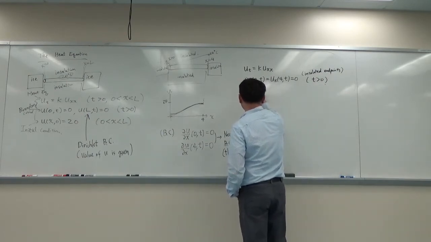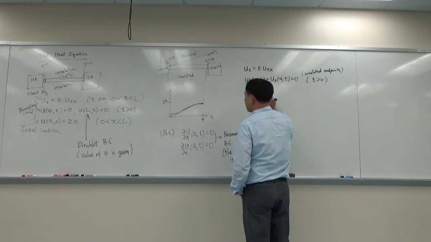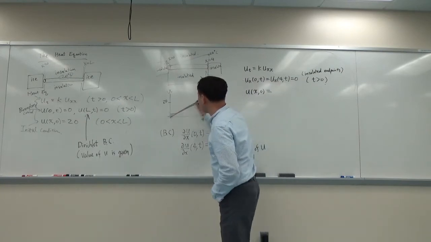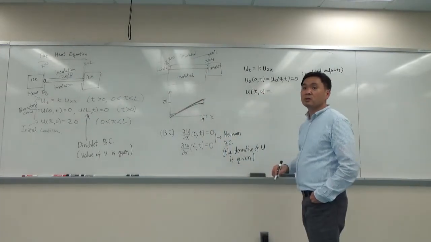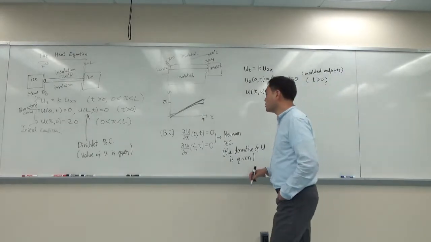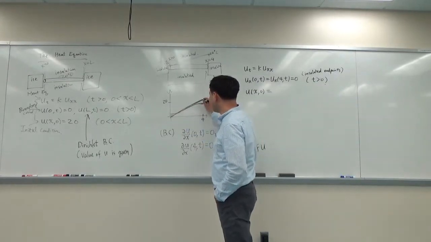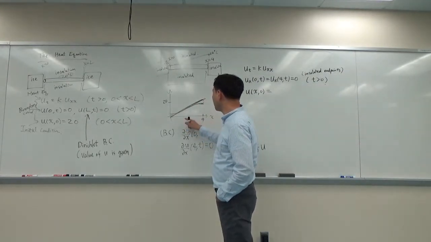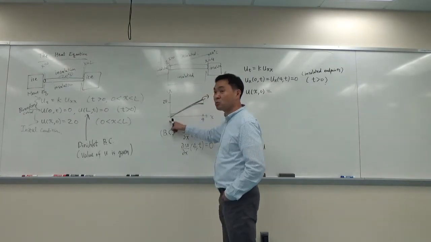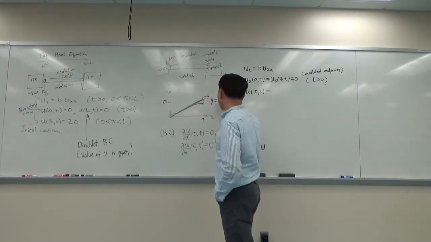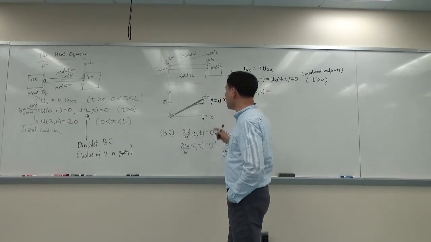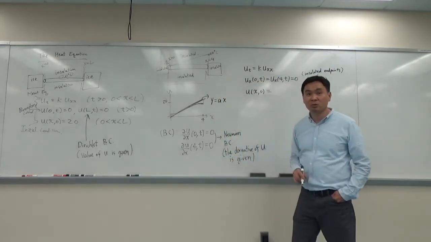And then u(x,0) should be this function that we were talking about initially, right? What was that? Well, it's a straight line passing through the origin, so it must be y equals ax. What should be the value of a? What do you think?